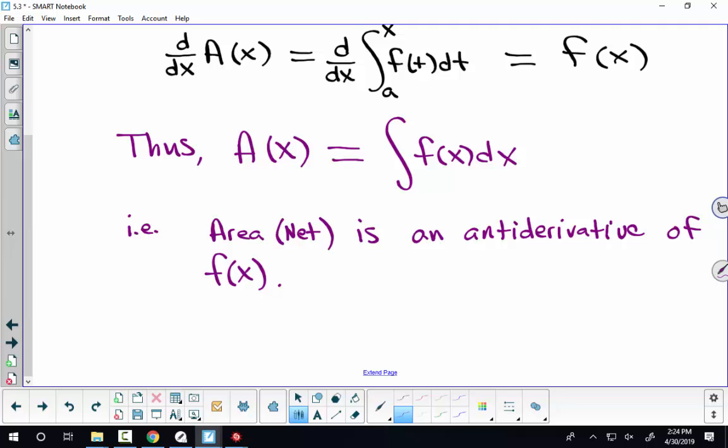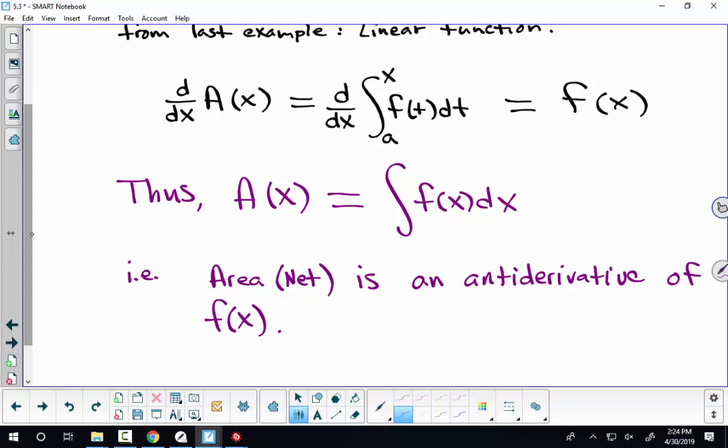So now we want to ask, is that just coincidental because we had a linear function? Or does that notion actually apply to any function we look at, whether it's linear or not? What we're looking at there in red is saying the derivative of the area function is f of x.